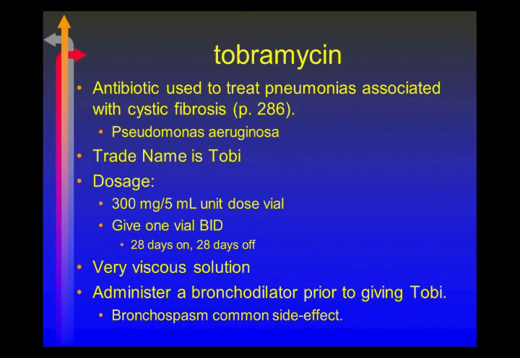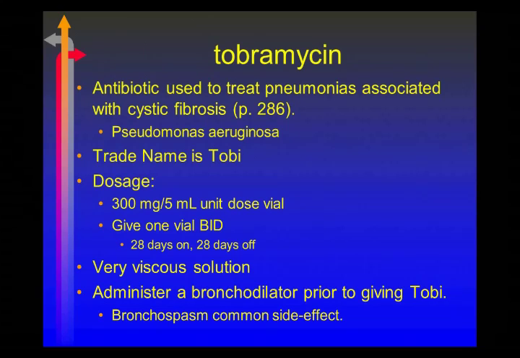The trade name is Toby. You should know that. It's one of the drugs you will need to memorize for the final. That's 300 milligrams in 5 milliliters, given one vial BID, on a pattern of 28 days on, 28 days off. Forever? Forever.